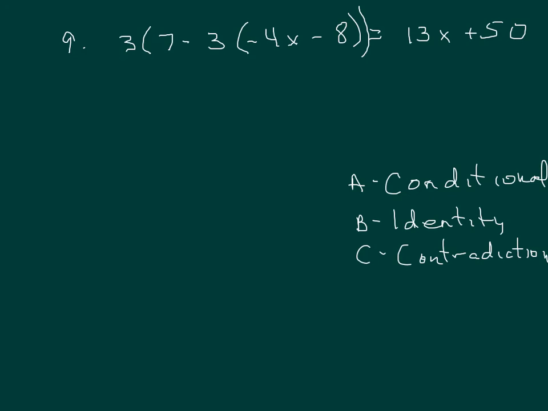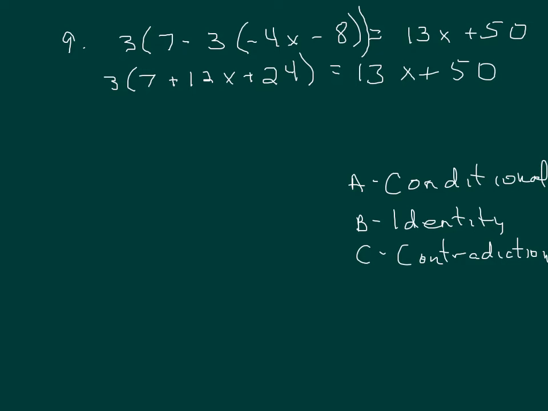In this problem, you made a math error, so let's look at it. You did the first part right. You had 3 times 7 plus 12x plus 24 after distributing the negative 3 equals 13x plus 50.